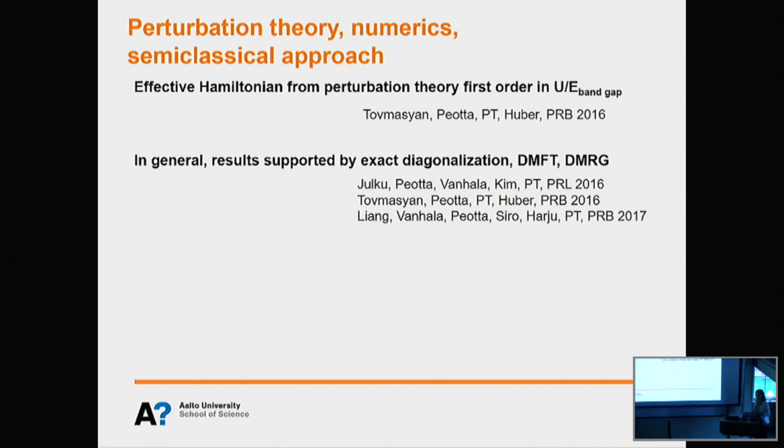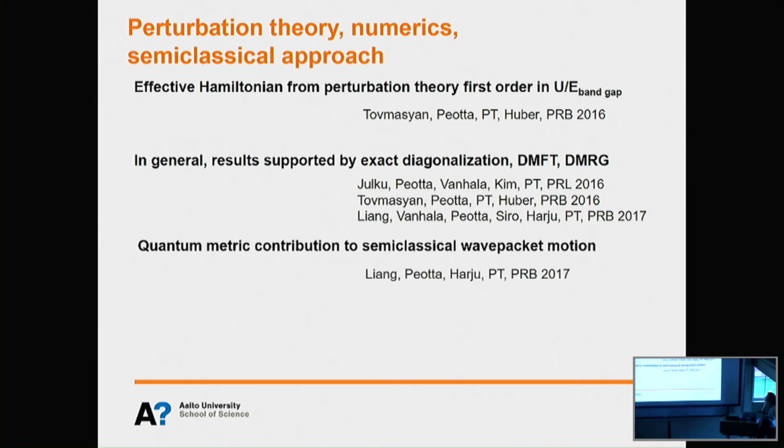We showed the same results by perturbation theory, and then we compared exact diagonalization, DMFT and DMRG in certain model systems. So we have benchmarked this, at least in some cases, against more exact methods, and the result is the same. And we also did some semi-classical work, so we pretty much believe it.